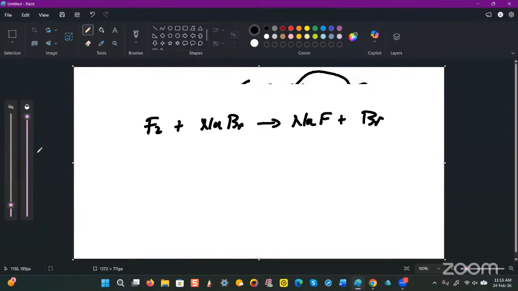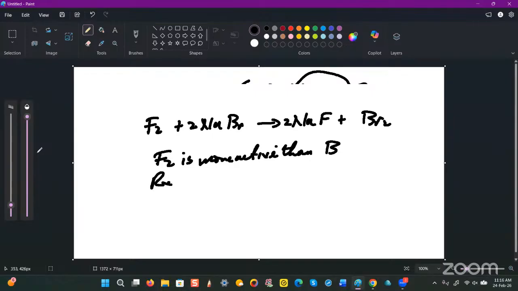And we have to balance this, of course. So 2 here, 2 here. Let's say you're asked, will this reaction occur? Well, the answer is yes, because fluorine is more active than bromine, and therefore will displace it. So therefore the answer is: reaction will occur.